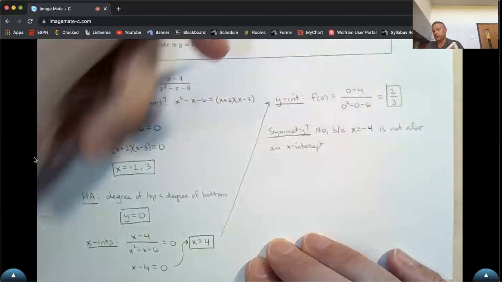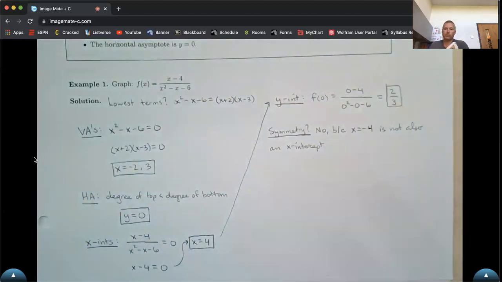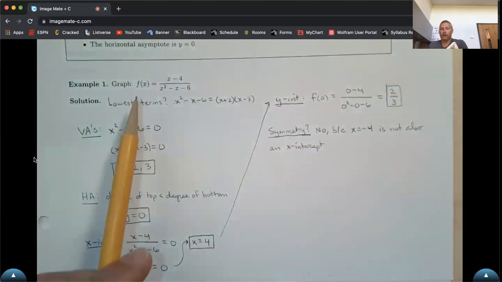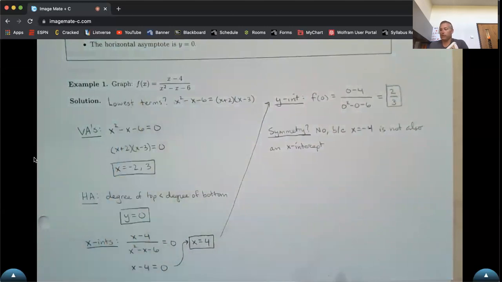If I have information about what happens at x equals 4, the same thing or its opposite should be happening on the other side of the y-axis, and we don't have anything about negative 4. Like here, if I plug in x equals 4, f of x is going to be 0. If there were symmetry, then f of negative 4 would also be 0. So no symmetry.